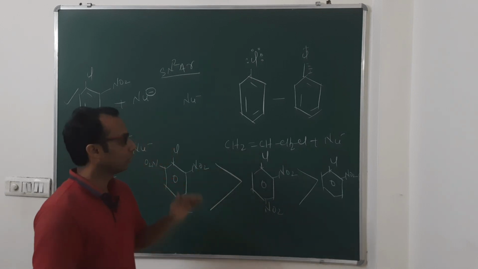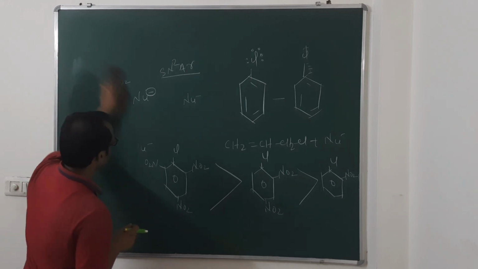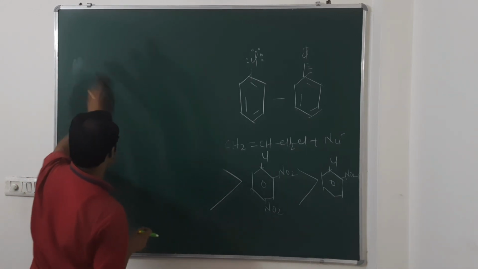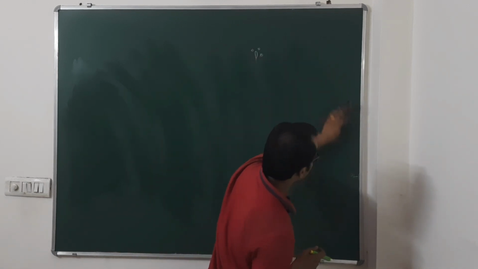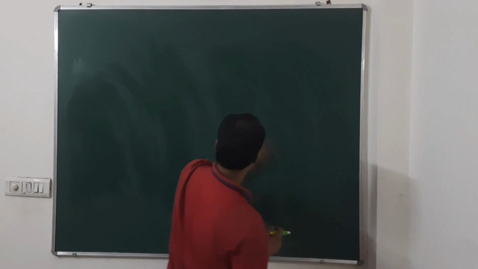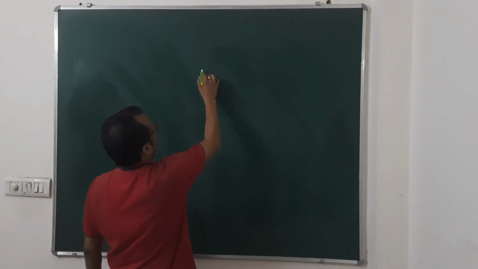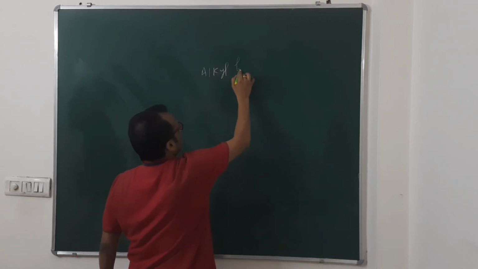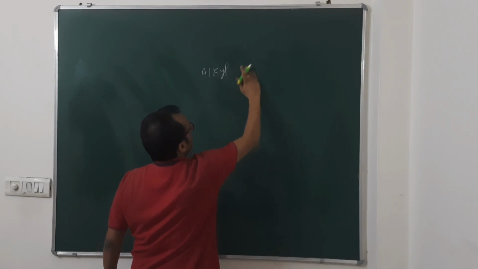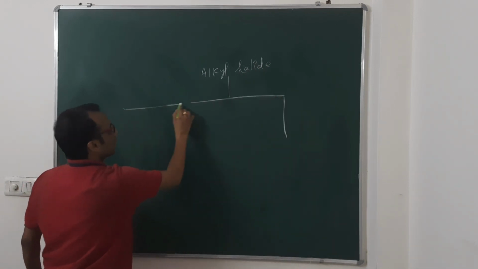So let's understand both the logic. What will happen? See, student, we have aryl halide or alkyl halide. Alkyl halide, we have here three types.